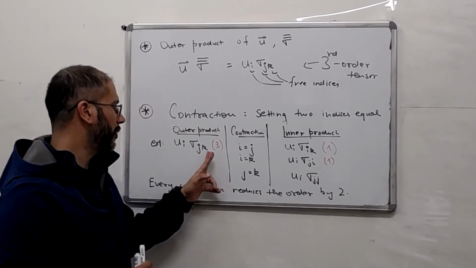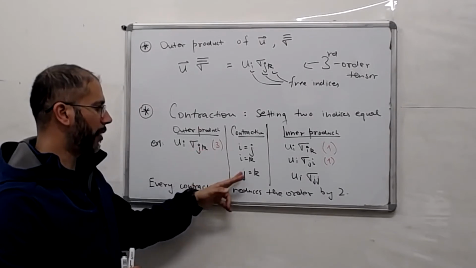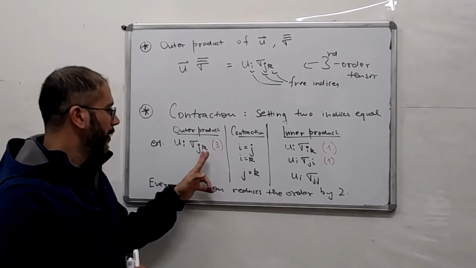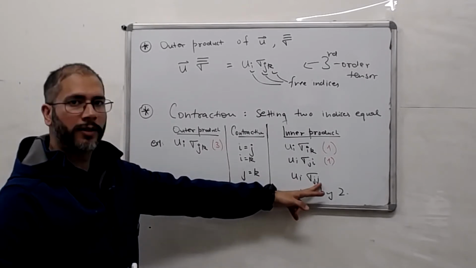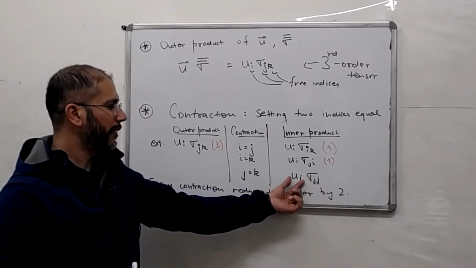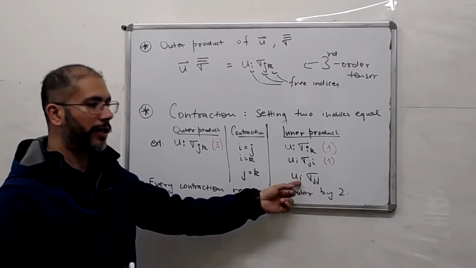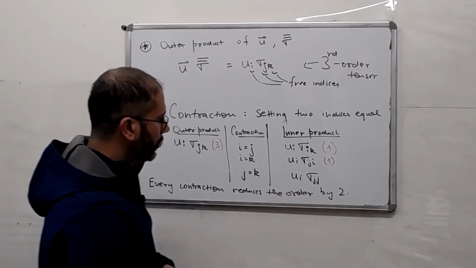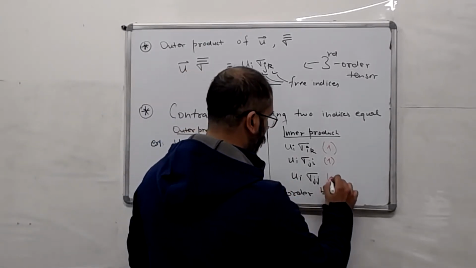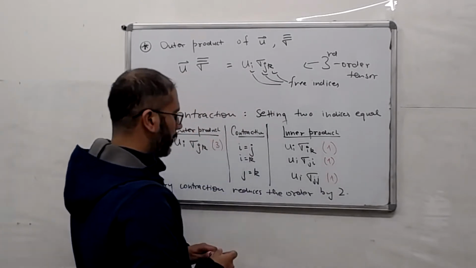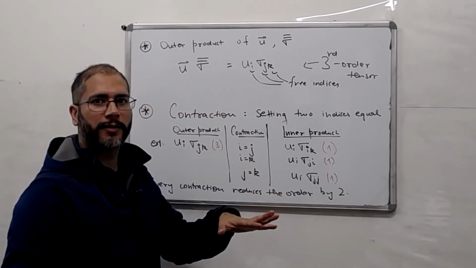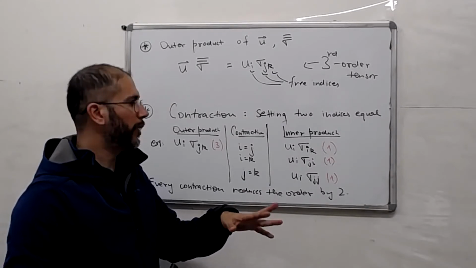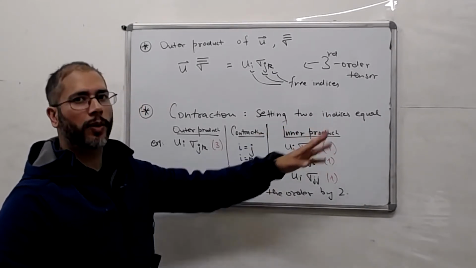Doesn't matter if both the indices are a part of sigma, no problem. So if you apply that j equal to k, you get a sigma jj, so that ui, there's only one free index i here, so the order of this becomes 1, still a vector. Okay. But you cannot apply i equal to j equal to k. Okay, contraction always means you set 2 indices equal to each other.